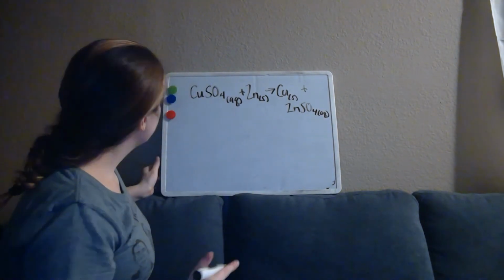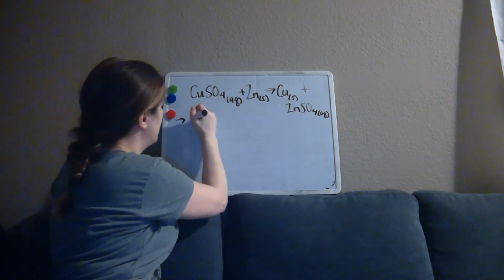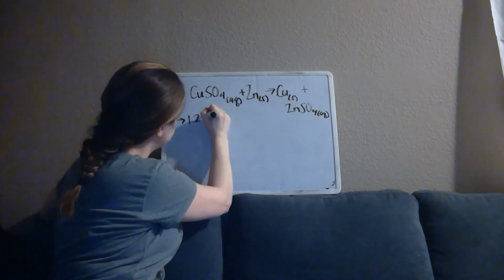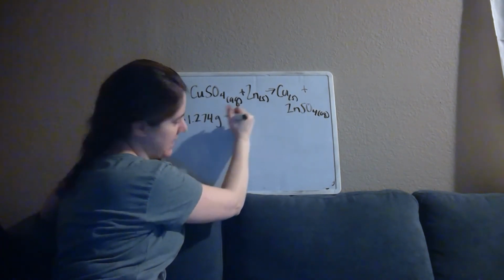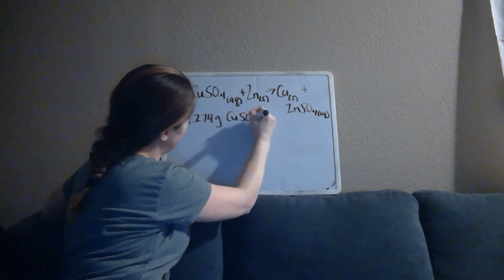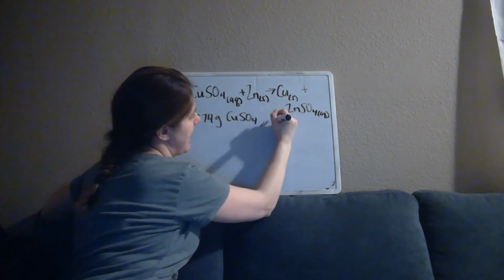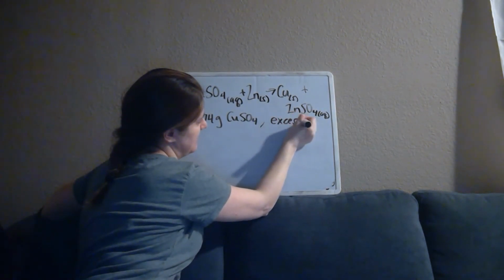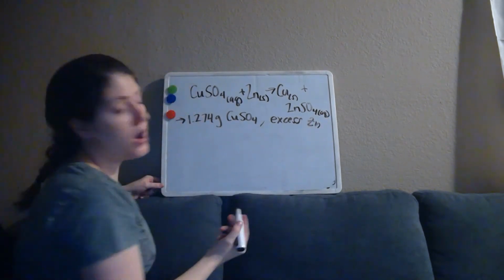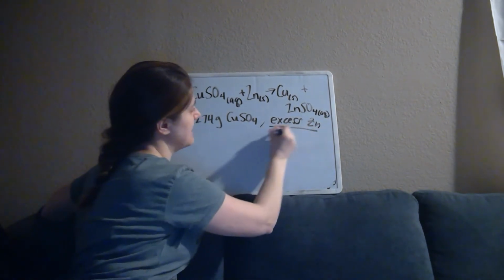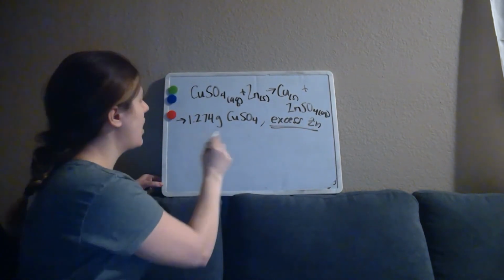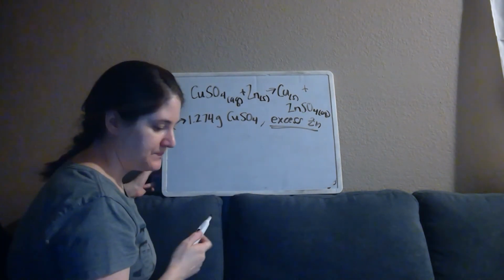Okay, so if we are reacting 1.274 grams of copper sulfate with excess zinc, we already tell you that the zinc is in excess, so you don't have to worry about which one's the limiting reagent.